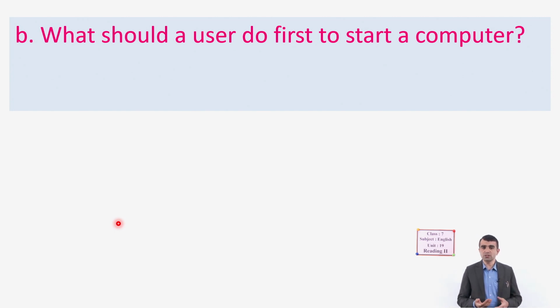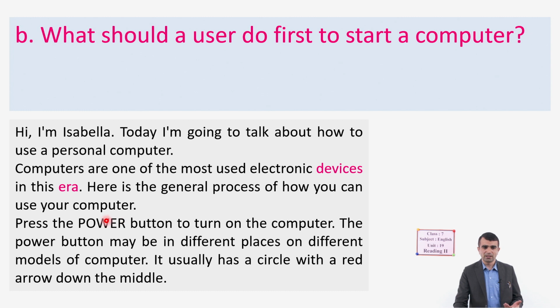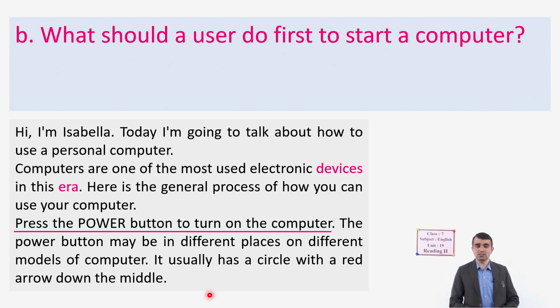Number B, or question B. What should a user do first to start a computer? In these lines somewhere you can find the answer, in the beginning of your text. Read it. Press the power button to turn on the computer.